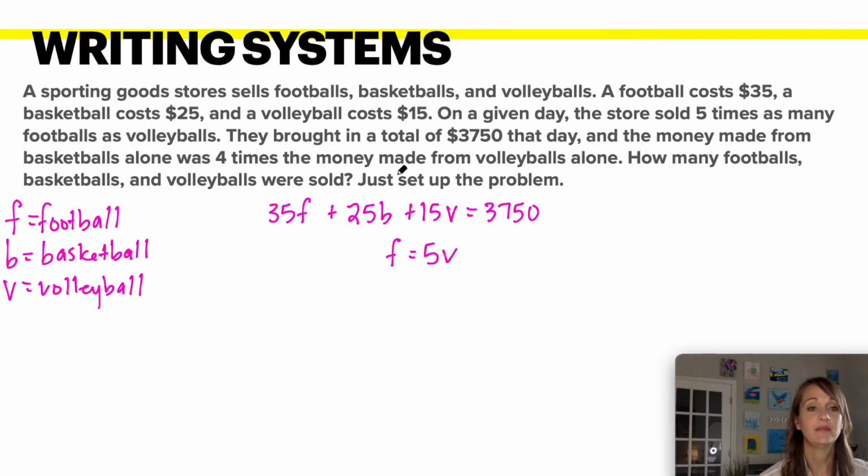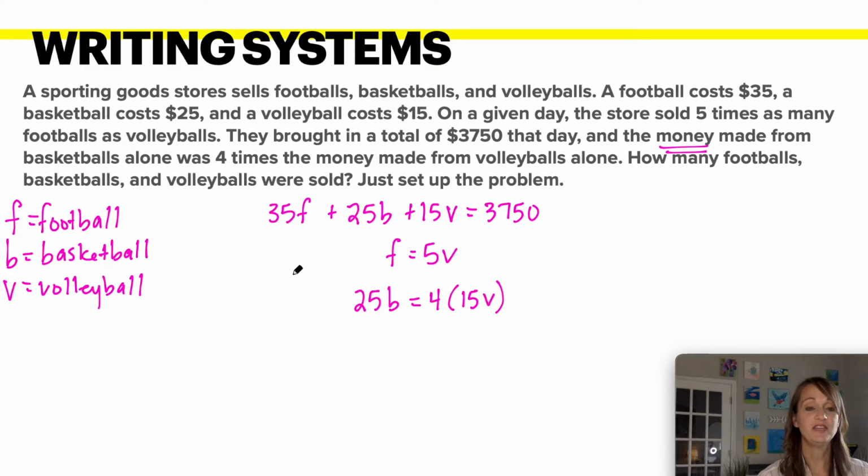And then the money made from basketballs alone, how much was a basketball? So 25 times B, because it says the money made from basketballs was 4 times the money made from volleyballs, which is $15 per volleyball.